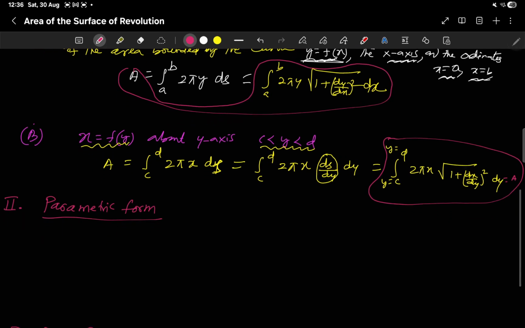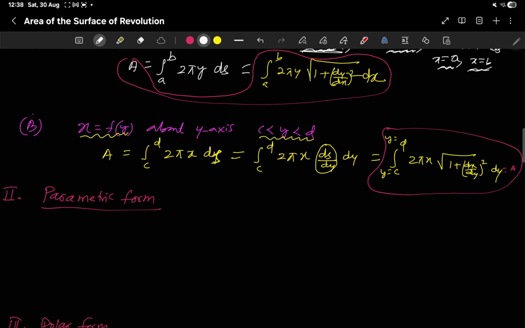Accordingly, you have your parametric form. In parametric form, suppose x is equal to f of t, y is equal to g of t, and the limit of t is known from t1 to t2. So the area will be the integral from t1 to t2 of 2 pi y ds.